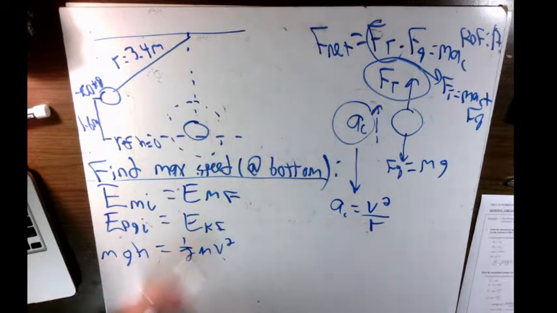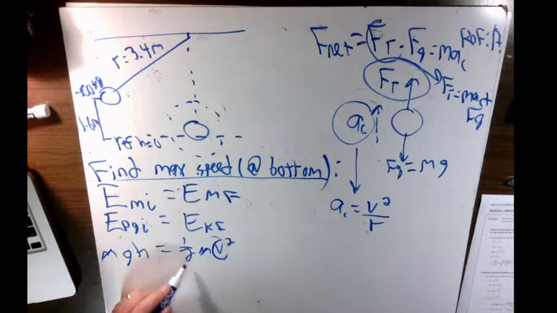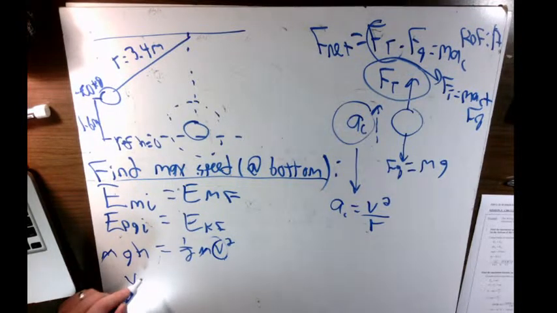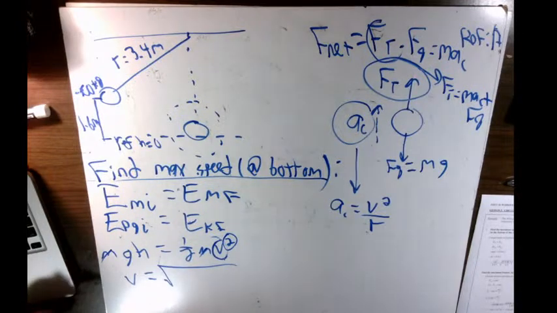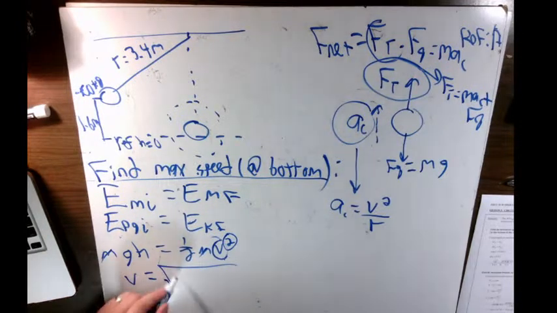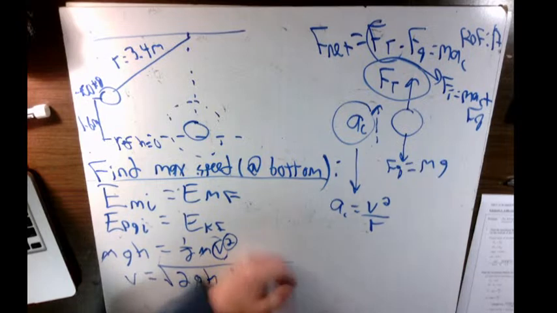So we're going to rearrange our formula to solve for speed. We'll divide both sides by mass, and they cancel. And we're multiplying by 2 here. So speed is equal to the square root, don't forget about our square, pesky square is always showing up, of 2 gravity height.